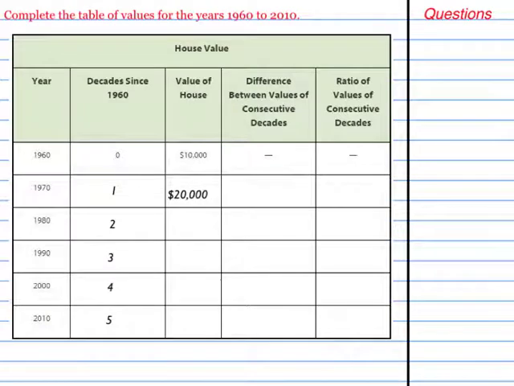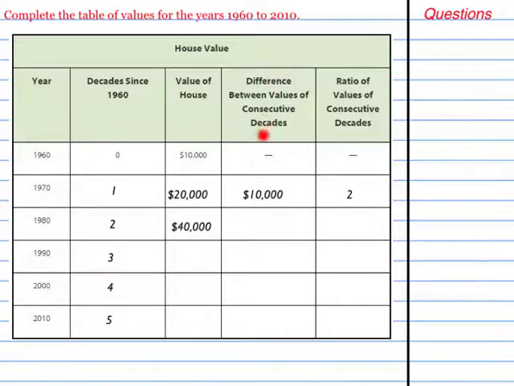We already know that in 1970 it will be $20,000, and we've already computed the difference between $10,000 and $20,000 as $10,000. And the ratio of $20,000 to $10,000 would be 2. Now 1980, which would be $40,000.